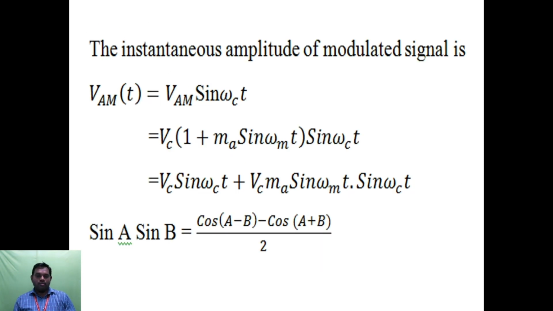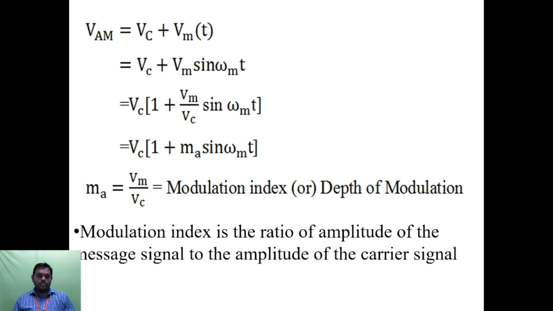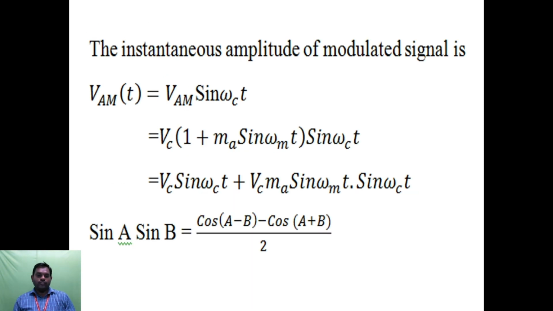The instantaneous amplitude of the modulated signal is Vam of t is equal to Vam into sin omega c t. Now we derived the value of Vam is equal to Vc into 1 plus Ma sin omega m t. We substitute this equation into Vam of t.